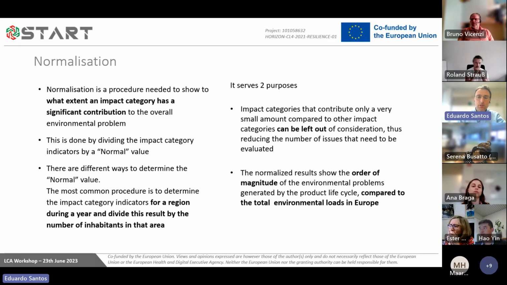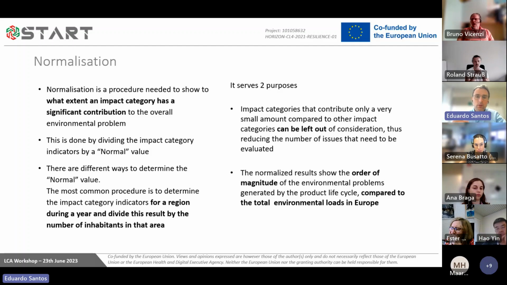So normalization is just something that I would like to highlight. As I said, there are different impact categories. You can have damage to water, soil, etc. But usually what these methodologies do by normalizing is that they divide the result in each category by the average result, for instance, of a European citizen.